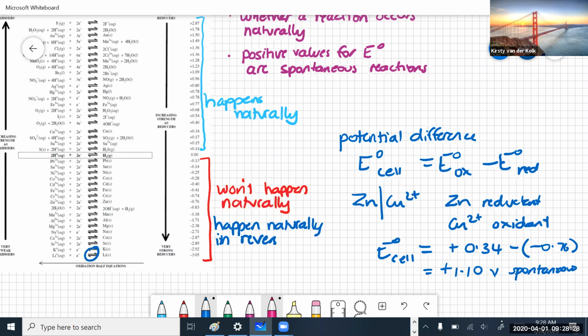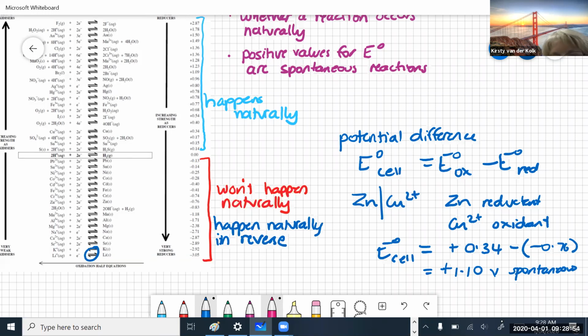They will only happen in reverse, which means that if we're going to want those reactions to happen, we're going to need to apply an electric current. So we're going to need to force the electrons to go in the opposite direction. We're going to be therefore working against the electrical potential.